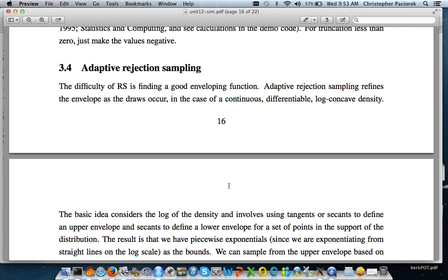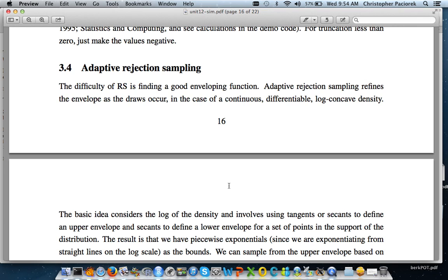Well, you guys should be paying attention because writing up the code for this problem is the final project for everybody. So the idea is we're going to start with a set of points x and their corresponding f of x values. And you can do this either by drawing secants that connect the points, or by drawing tangent lines that go through the points and are parallel to the curve at the point.